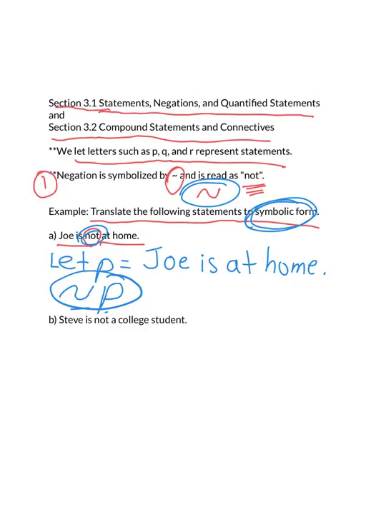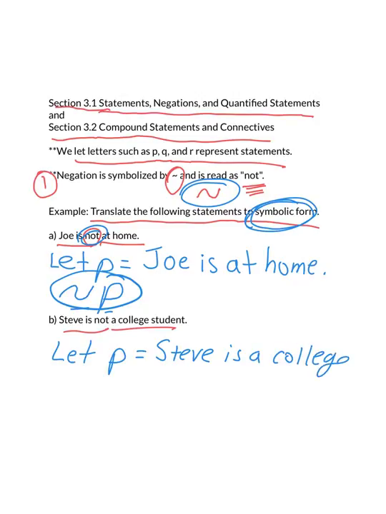B, Steve is not a college student. So step 1, we assign letters to represent the ideas. There's only one idea here. And we ignore the word not. So that means P is going to now represent that Steve is a college student.